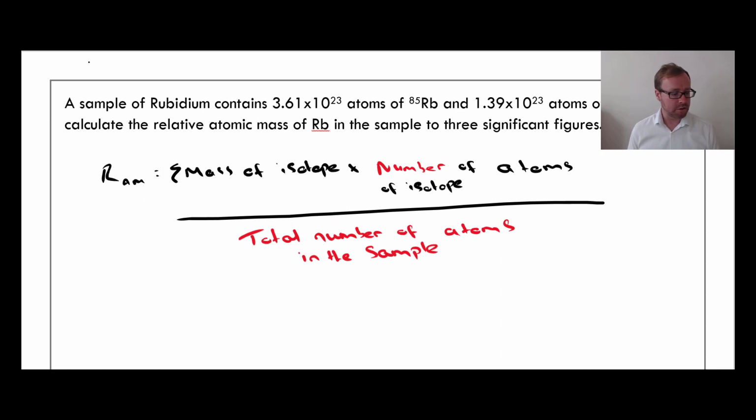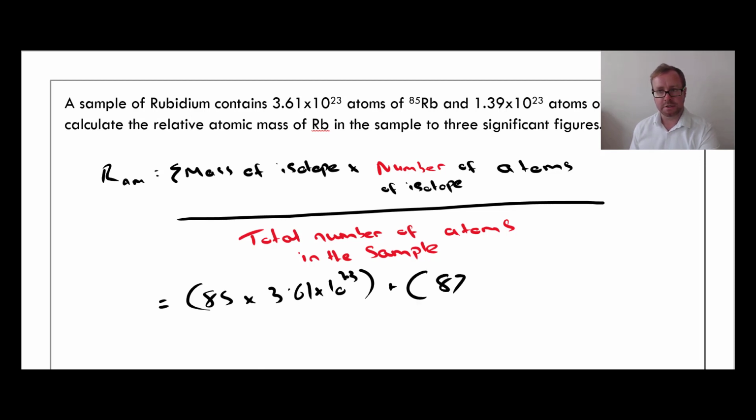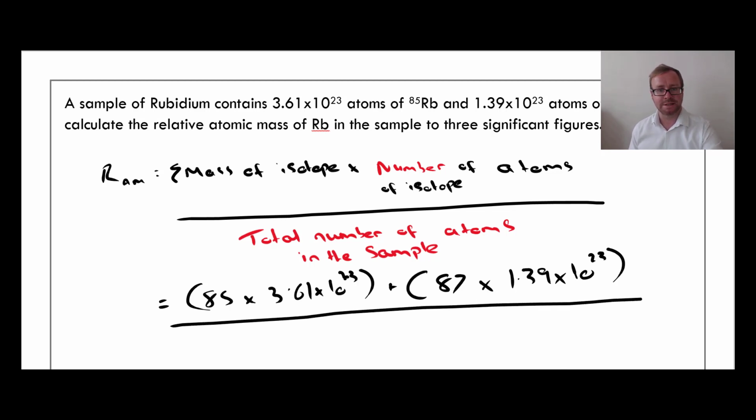So I'm sure you got this right, so we'll just go through the answer. The mass of isotope here is 85 times the number of atoms, so 3.61 times 10 to the 23, plus my next isotope, 87, times 1.39 times 10 to the 23, and I'm going to divide by my total number of atoms in the sample.